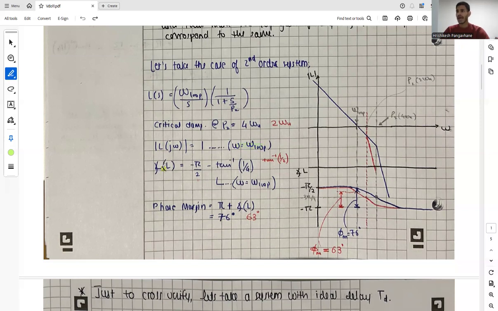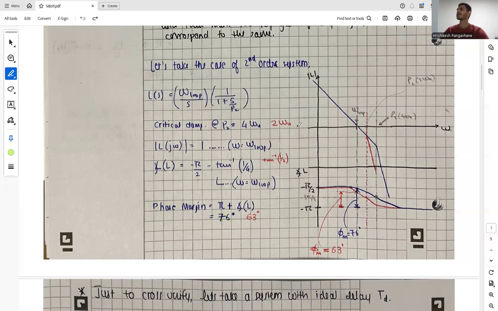The phase of L is pi by 2, contributed by the integrator, plus tan inverse 1 by 4, contributed by one of our poles, where omega equals omega loop. The phase margin is equal to pi plus the phase angle. When calculated for a second order system, the phase margin comes to be 76 degrees.